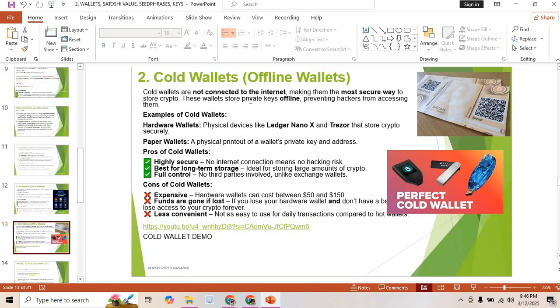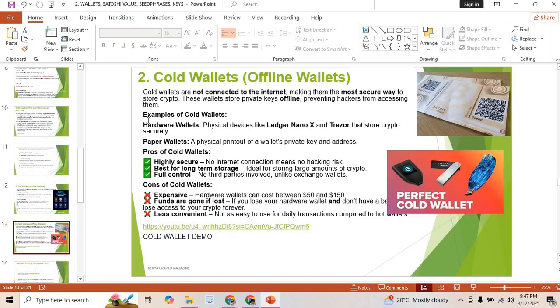These wallets store private keys offline, preventing hackers from accessing them. If you buy a cold wallet, they'll give you a 24-word seed phrase that you'll have to write somewhere, and these private keys are offline, so they prevent hackers from accessing your coins.